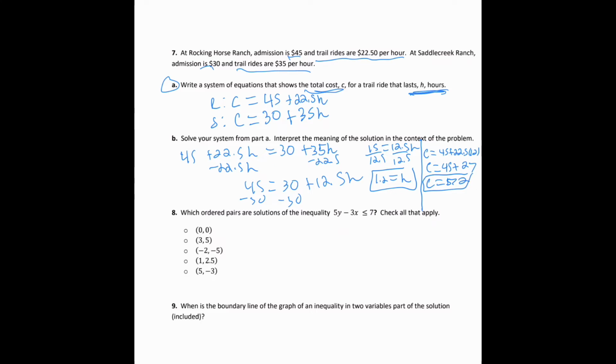So what this means is at both places, after 1.2 hours, you will spend $72. You won't always be spending the same amount of money. This is the point where they would both cross, their intersection point, essentially.